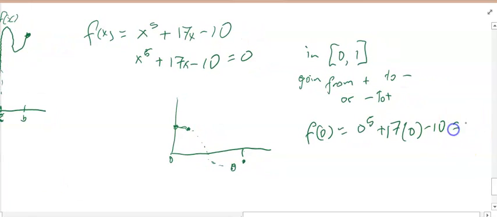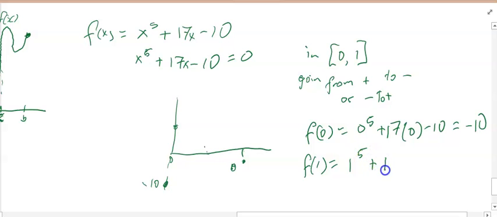That gives you negative 10, so f of 0 is some negative number, negative 10. And f of 1 is equal to 1 to the 5th power plus 17 times 1 minus 10, and that gives you 8. So we've moved from a negative to a positive.